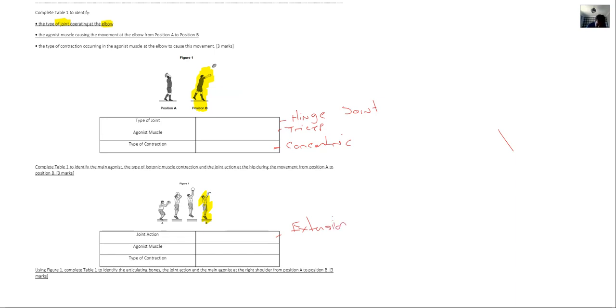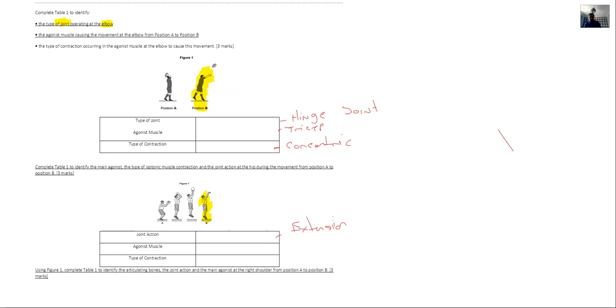The agonist muscle, okay, so in any exam, you've got to think about which one is doing what. This is the one where you can't get up and decide to walk around and work out which muscle is contracting and which muscle isn't. You just got to think about it when you bend down, which muscle does the work in terms of the contraction.